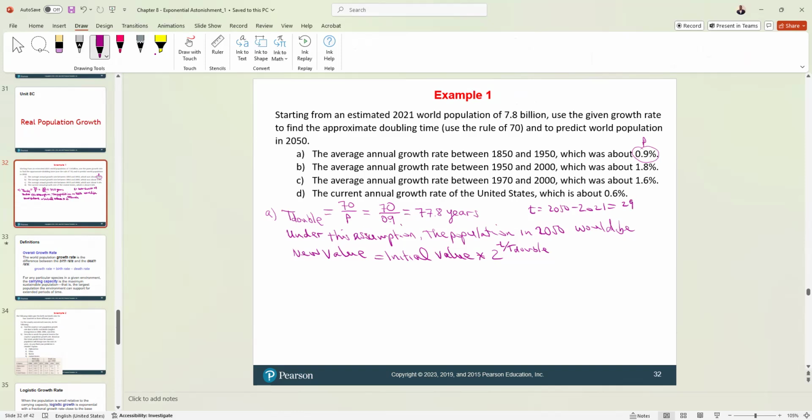Remember, the small t is the time after which we want the value, and from 2021 to 2050, that makes it 29 years.